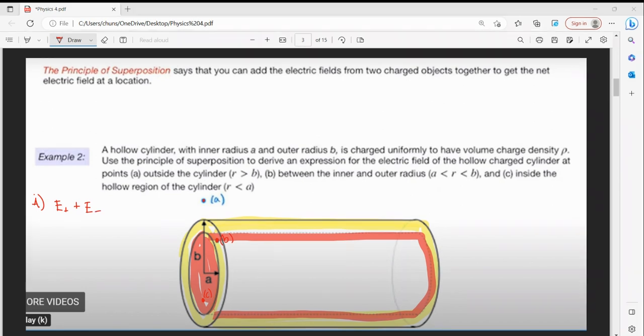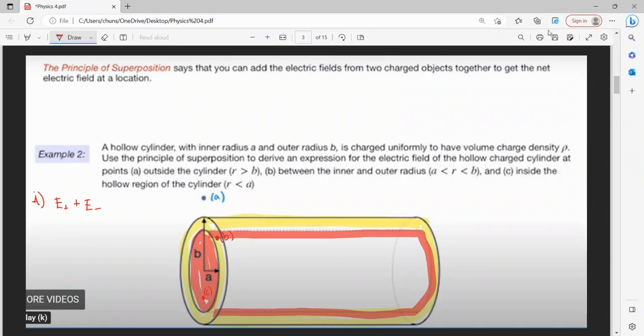So our equation that we found for the outside was 1 over 2 epsilon naught, and then we have rho b squared over our distance to our point of measurement, plus, and then we have our negative 1 over 2 epsilon 0 rho, and now we're looking at our smaller one, which is a squared over our distance.